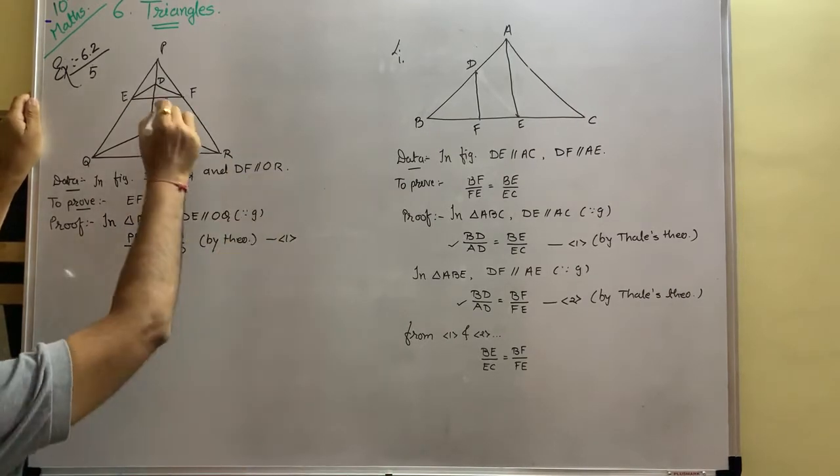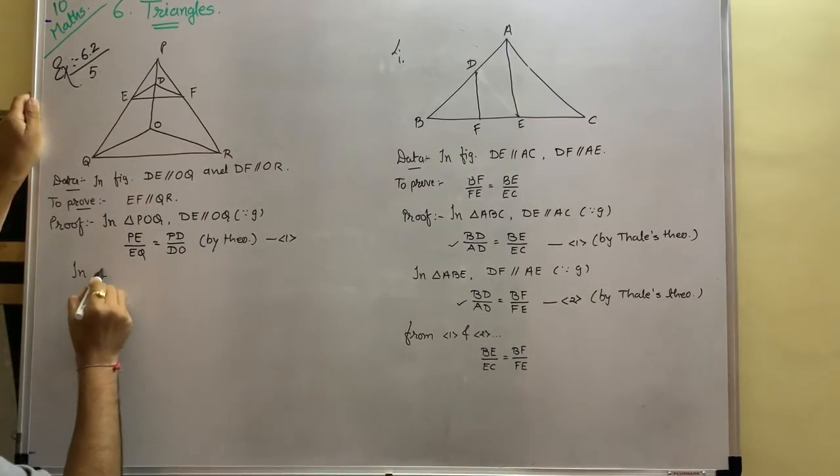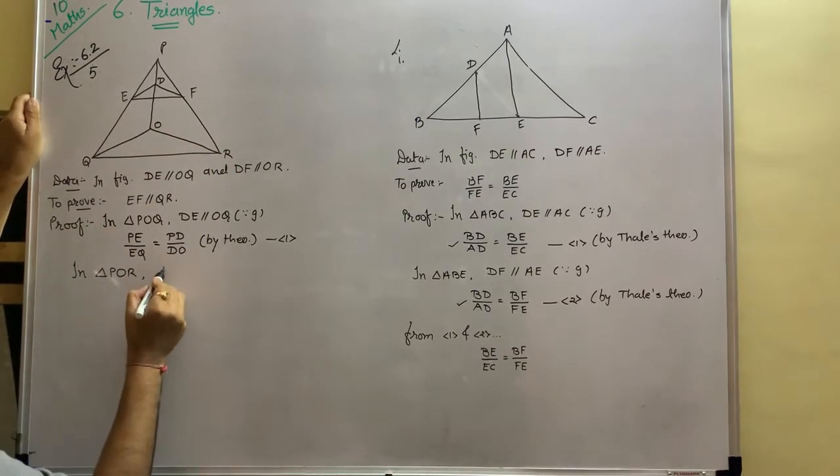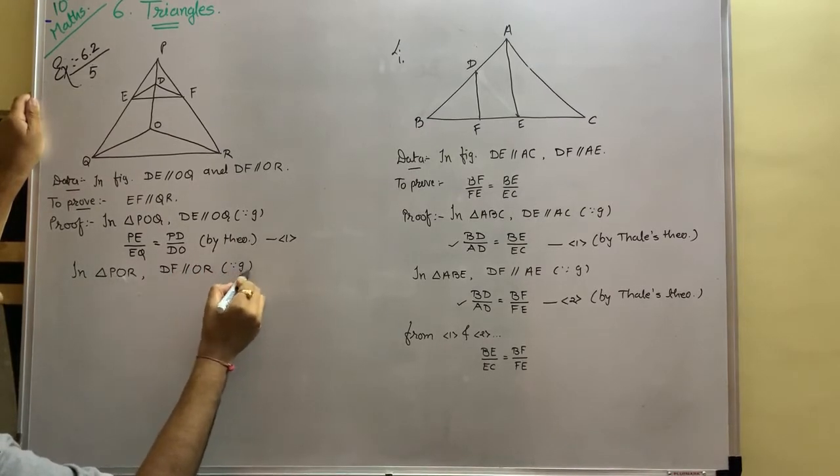Second, DF is parallel to OR. So take triangle POR. In triangle POR, DF is parallel to OR, given.